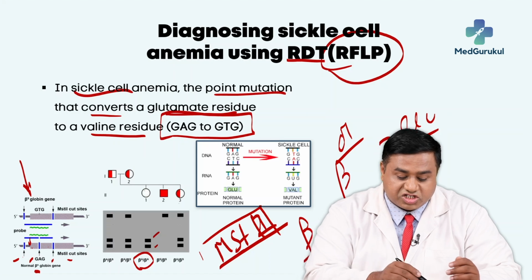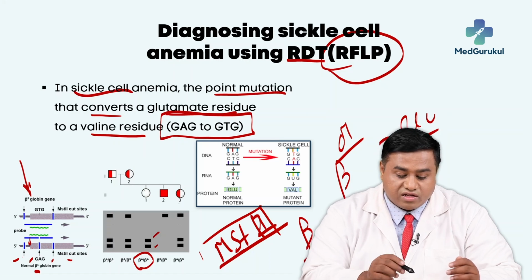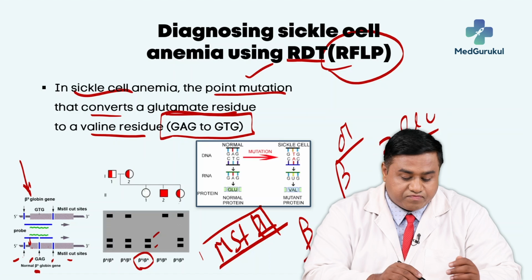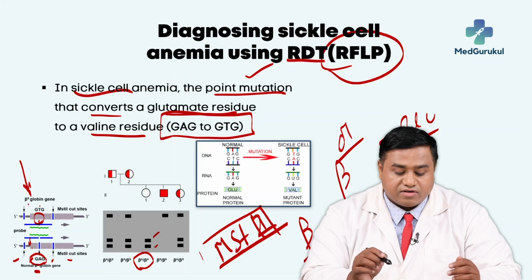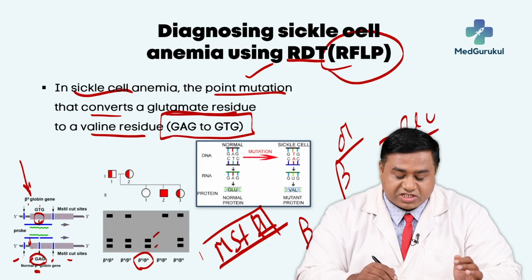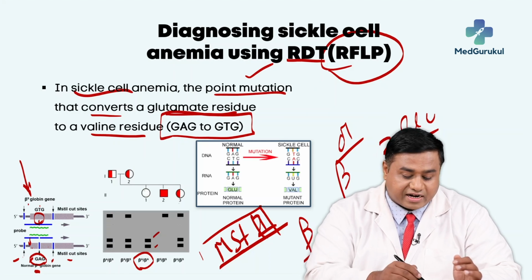If there is a point mutation, it abolishes one of the restriction sites. It is seen in this diagram: GAG. If there is a T, that restriction site is abolished. That means MST2 now can't recognize this site.